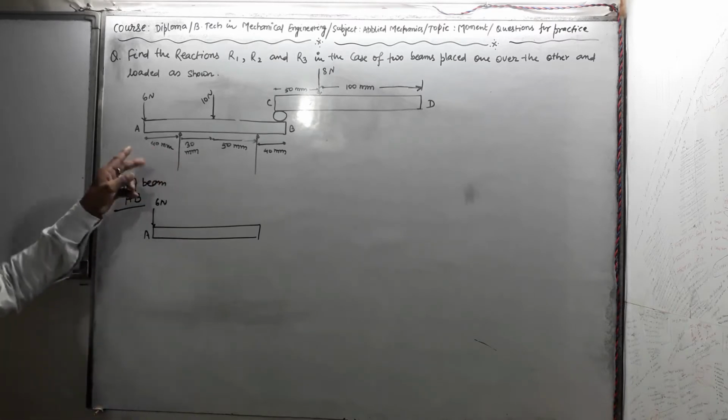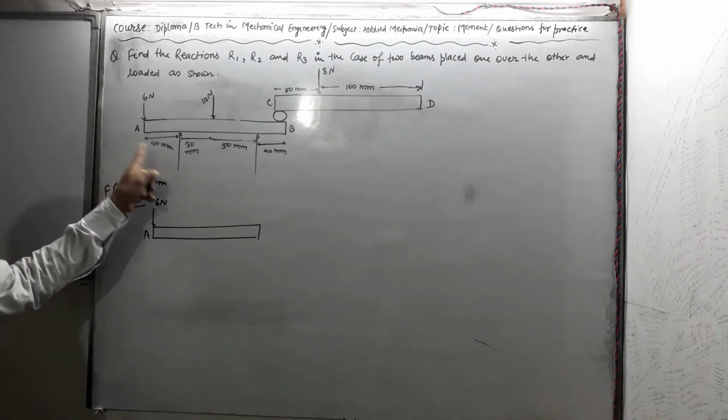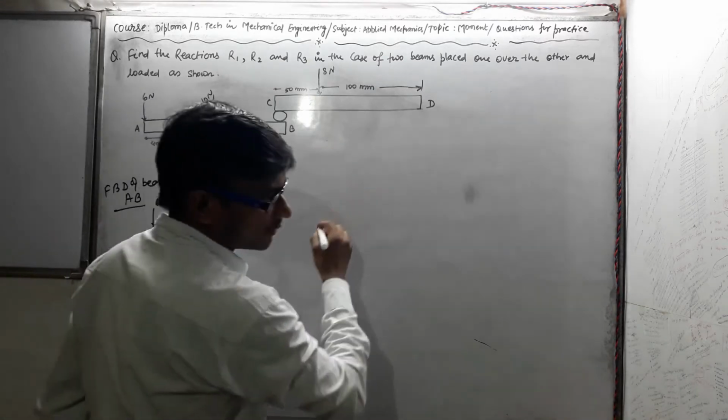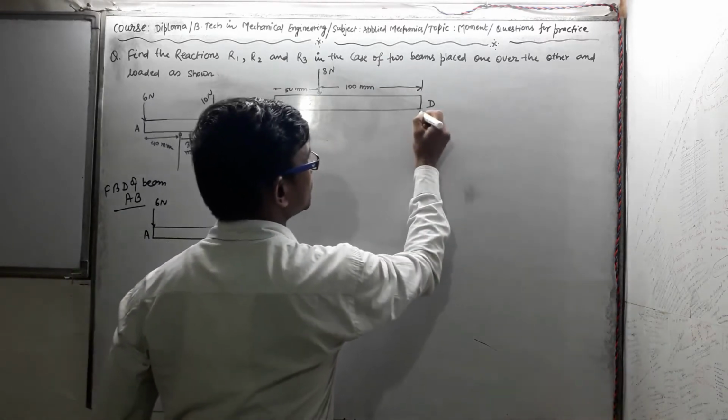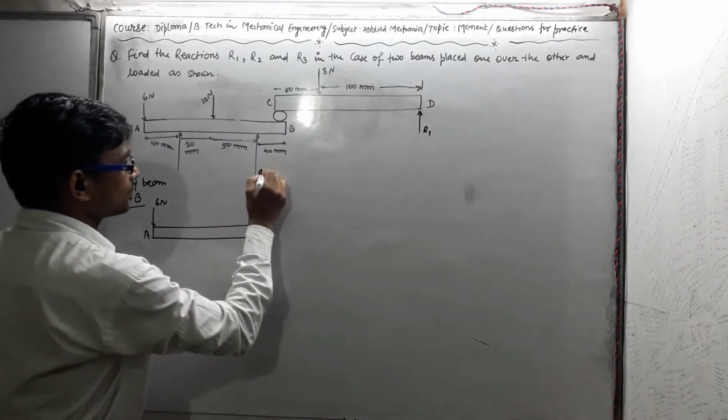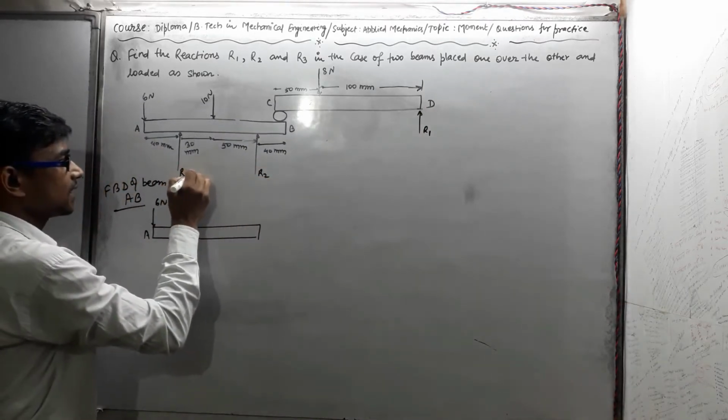Now at a distance of 40 mm from the left end, there are reaction forces. One reaction force is R1, another reaction force is R2 and the third one is R3.